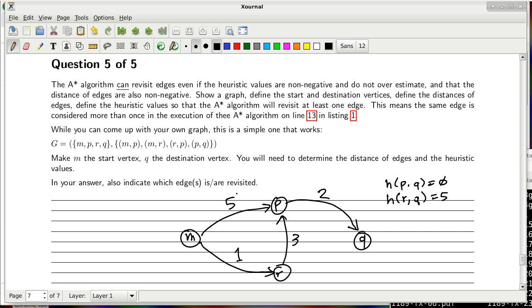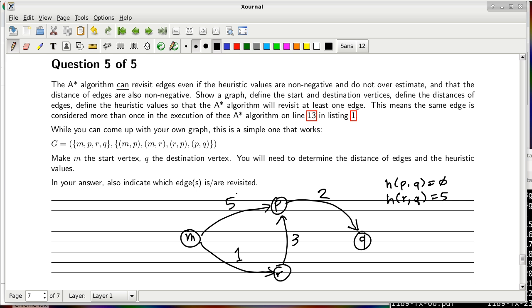Then we go back and look at the set O, at which time there will be 2 elements left, Q and R. We pick the one that has the lower F value. The F value of Q is exactly 7, and the F value of R is 1 plus 5, which is 6, lower than the F value of Q. Then we'll pick R, right?